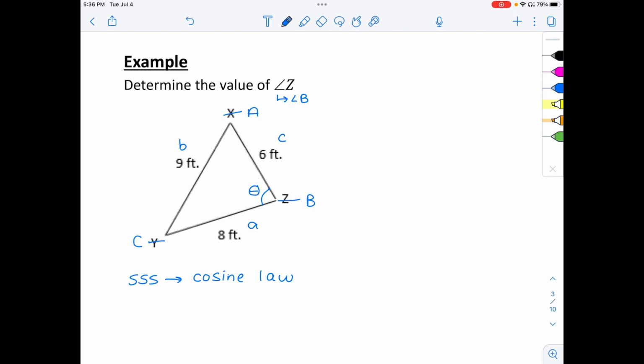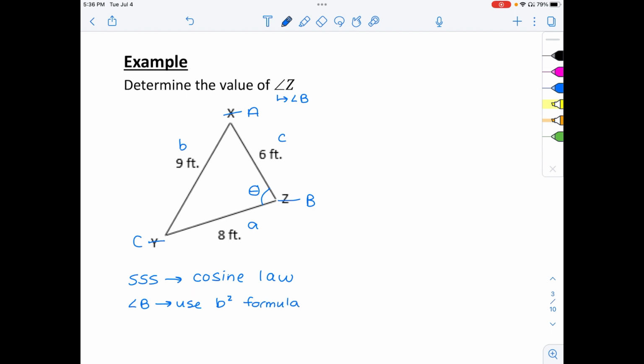You might recall when you were first introduced to the formula, the cosine at the end of the equation is either cosine of A, B, or C, and it corresponds with the letter that's on the left side of the equation, right? So we had A squared equals, B squared equals, C squared equals. Because I'm trying to find angle B, I'm going to use the B squared formula.